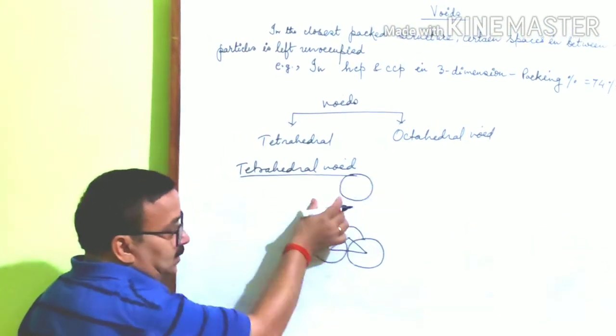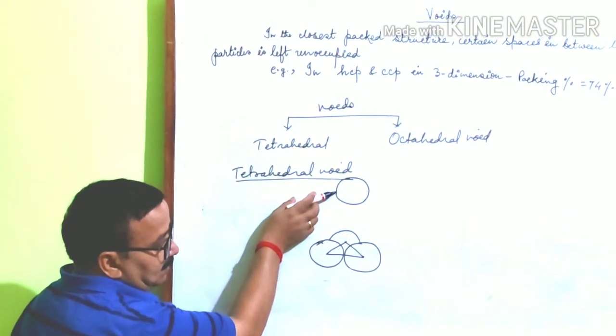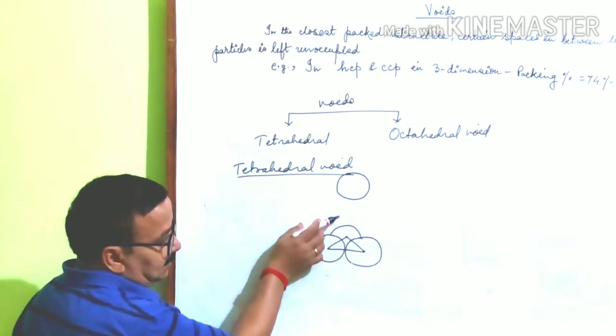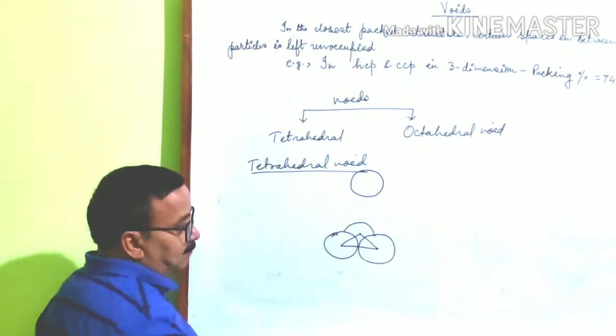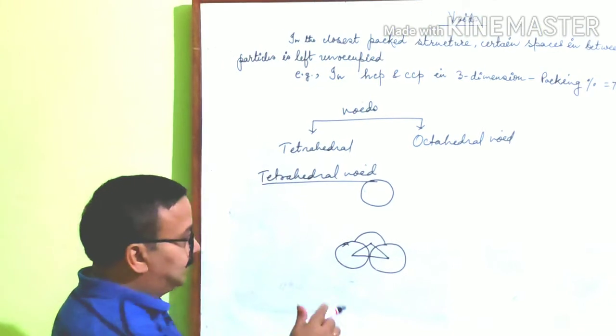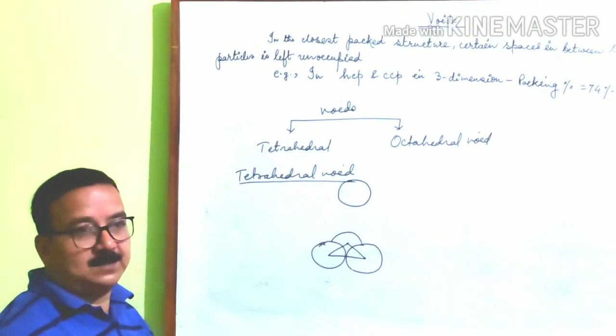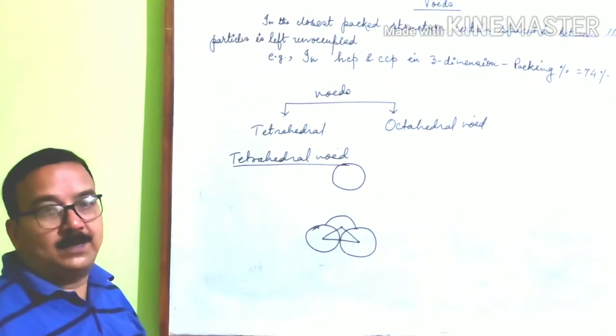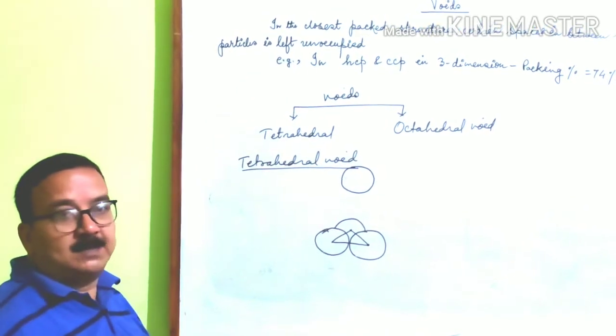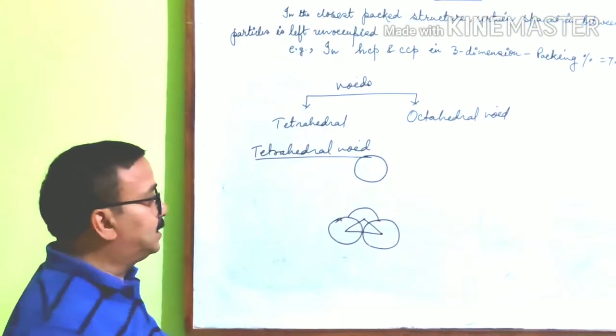If this 4th sphere is placed at the vacant space in between these 3 spheres, then a void will be formed, and that void is known as tetrahedral void.